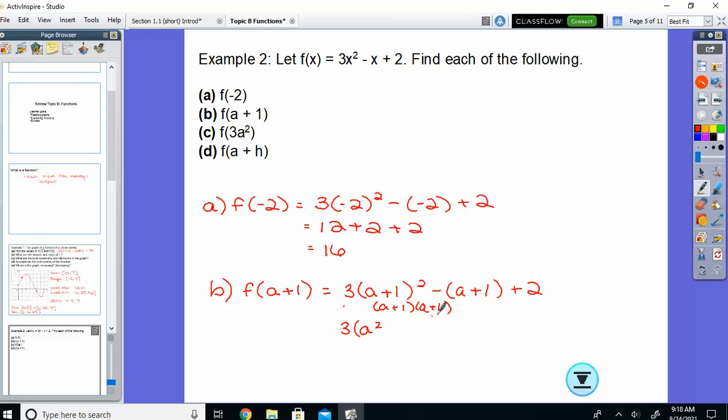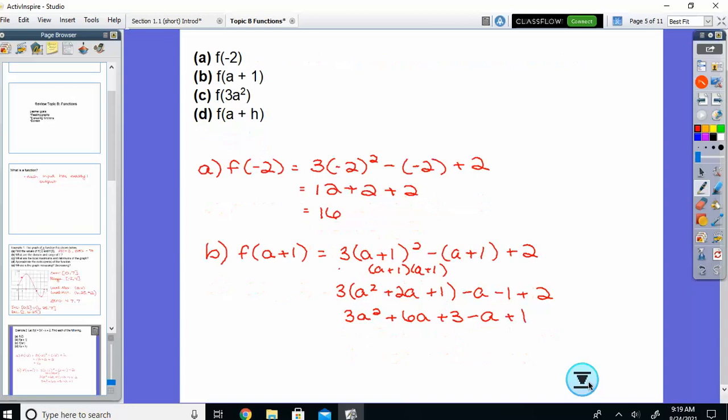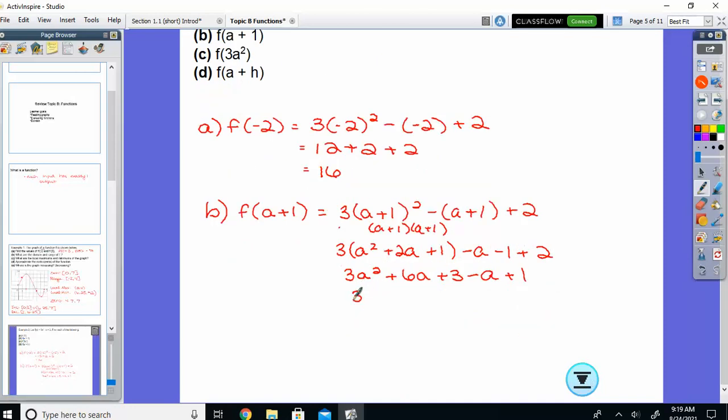So you get a squared plus a, so that's plus 2a plus 1. I distribute that negative. So we get 3a squared plus 5a plus 4.